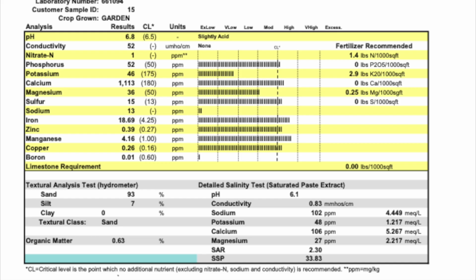But the other thing is he could put down Epsom salt. Epsom salt is magnesium, so they could use Epsom salt to raise some of that in their soil. Now I heard that horse manure is higher in magnesium.